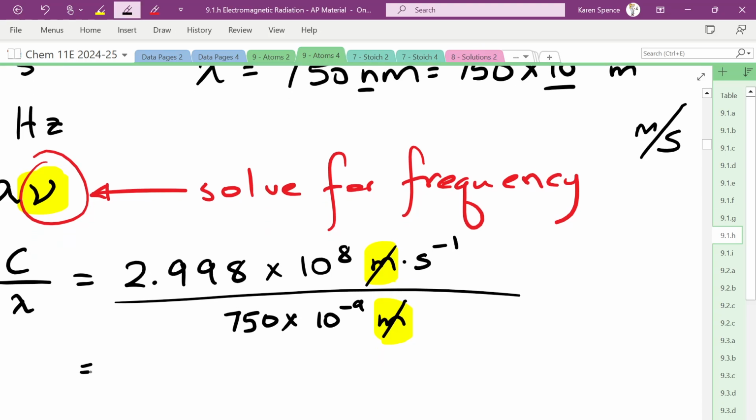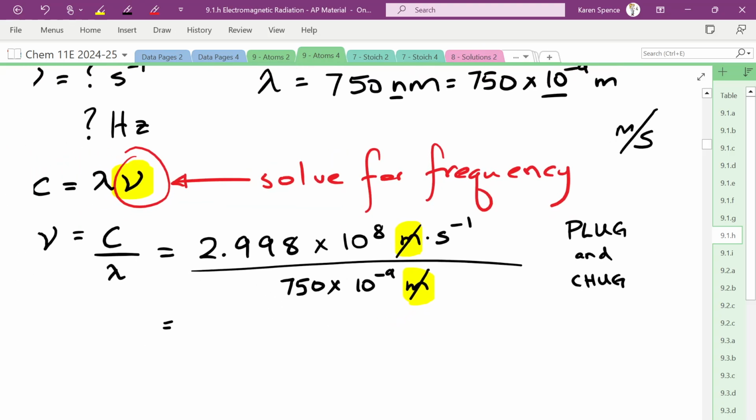Anyway, here we go. We chug that into our calculator. You guys know the expression plug and chug, right? So you get your formula in the manner that you want it, you plug in your numbers with the units, and then you chug through the values on your calculator.